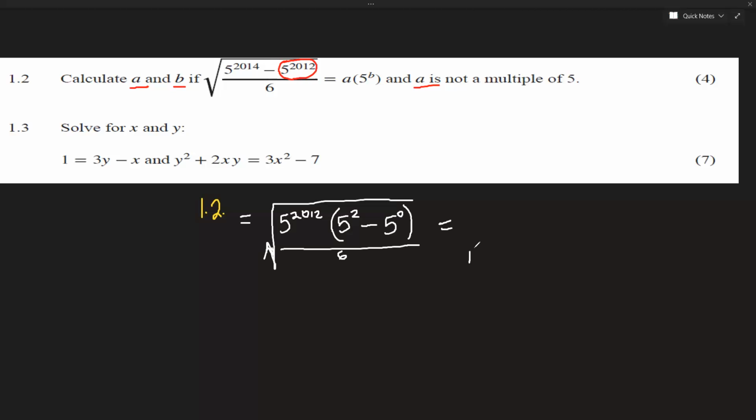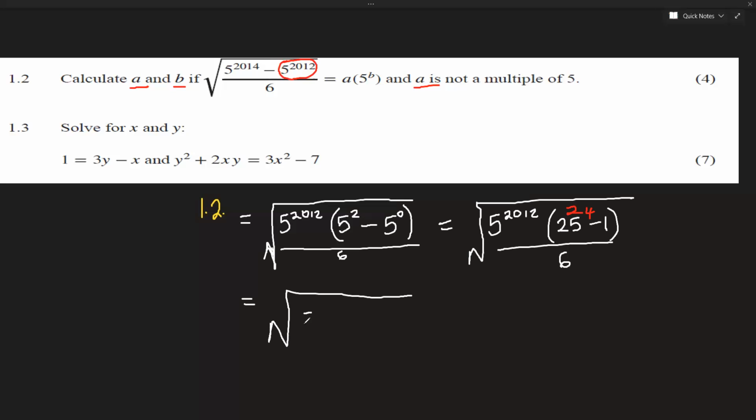Then this becomes 5 to the power 2012. In the bracket, I have 25 minus 1 all over 6, right? So, ladies and gentlemen, I'm sure we all agree that 25 minus 1 will give us 24, right? Perfect.